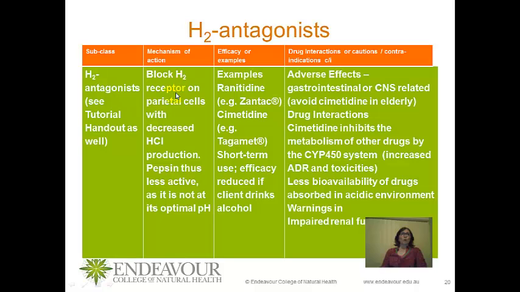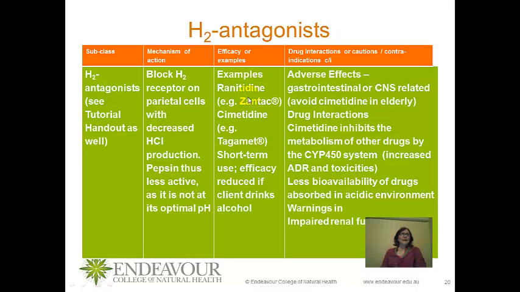When you block that receptor, there is decreased production of that hydrochloric acid. Pepsin then just becomes less active because it's not at its optimal pH. And so once again, H2 antagonists are needed to help resolve symptoms, but there may be problems with nutrition and digestion of proteins in the meantime.